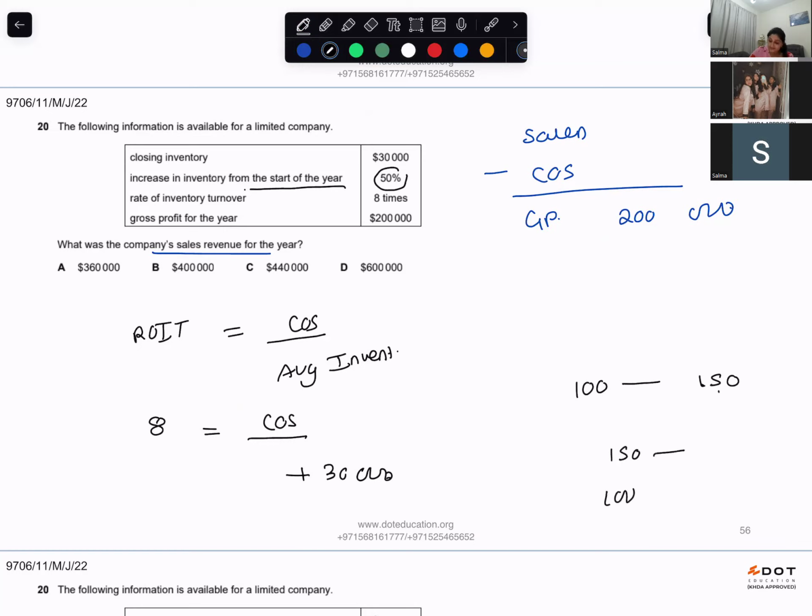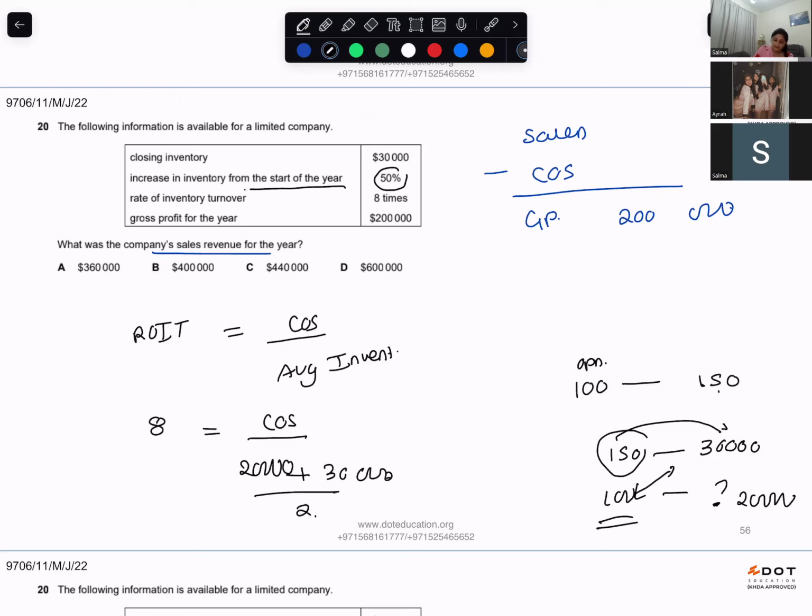If my closing inventory represents 150, which is 30,000, how much would be the opening? 30,000 into 100 divided by 150. 20,000 would be the opening inventory.